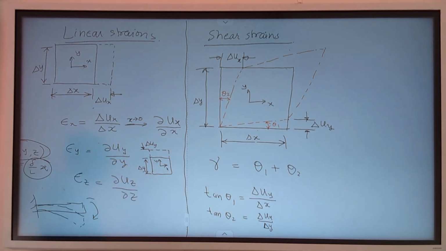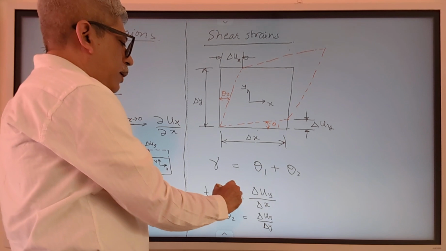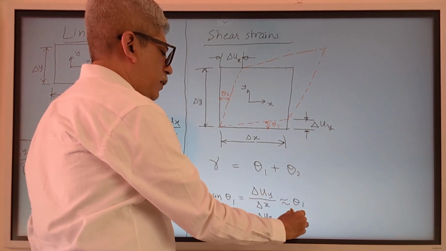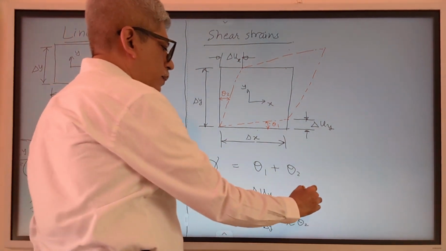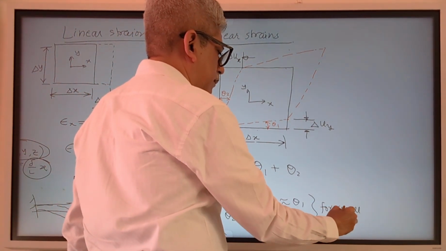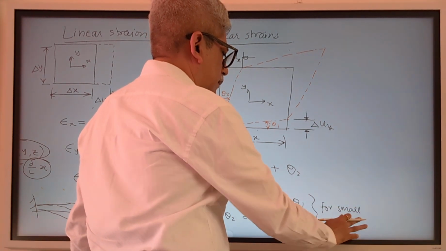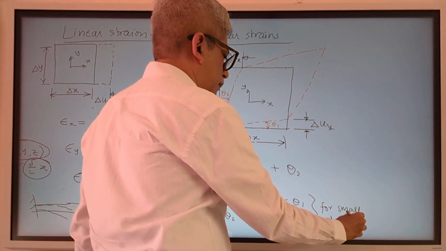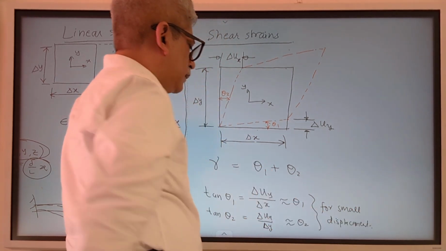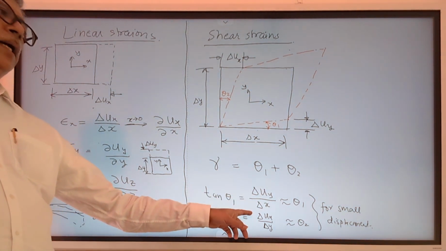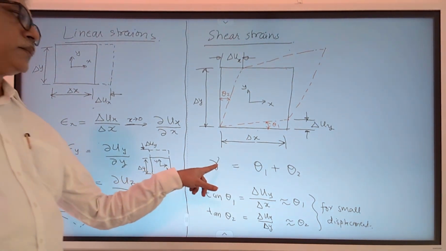So under this scenario, tan theta 1 would be approximately equal to theta 1 and tan theta 2 would be approximately equal to theta 2. So we got the expression here for tan theta 1 and tan theta 2.